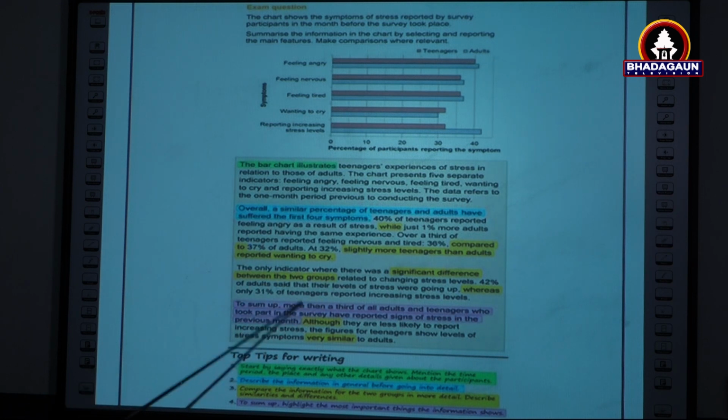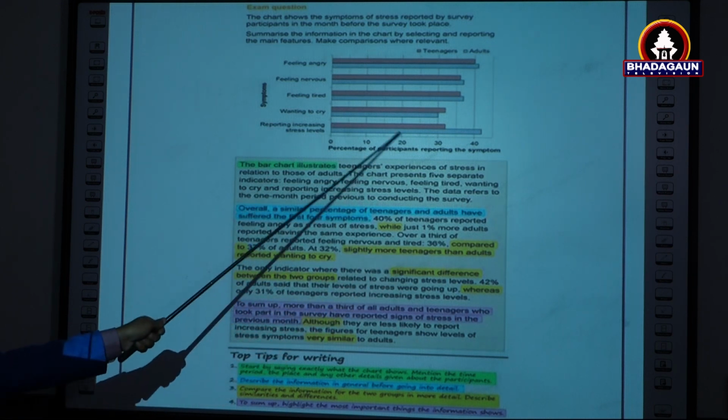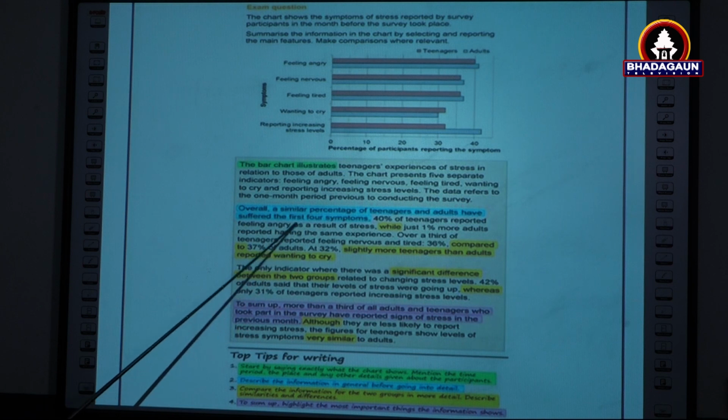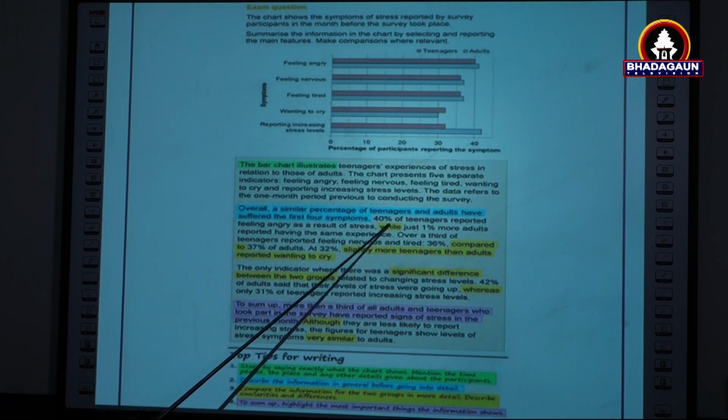This is the answer, and this British Council also highlighted some of the language exponents. The bar chart illustrates, while this is cohesive devices, yes, significant difference, whereas to sum up, although very similar, this is just to focus on language functions and cohesive devices.